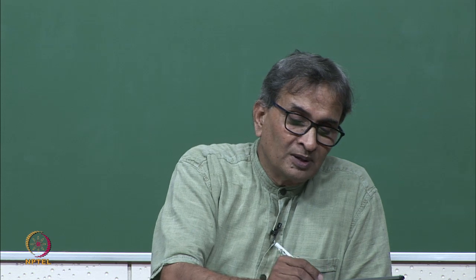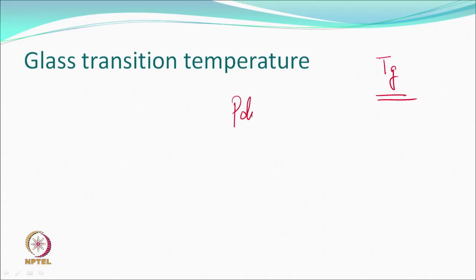Our aim is not to make it stiff. So, the so called polymer which will be coated should have a glass transition temperature which is low or high. A polymer which you want to coat on a textile, the glass transition temperature of the polymer should be high or low.